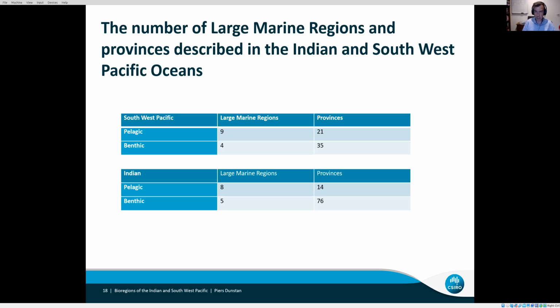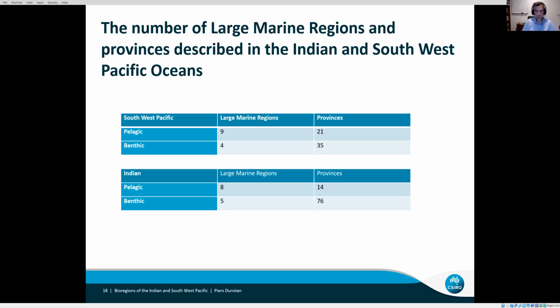And then also we used quite similar sorts of provincial boundaries as well. In the benthic, you can see there's quite a big difference. Unlike the pelagic region, we only described 4 different large marine regions for the benthic area in the Southwest Pacific, but we had 35 provincial areas across that particular area, across that ocean basin.